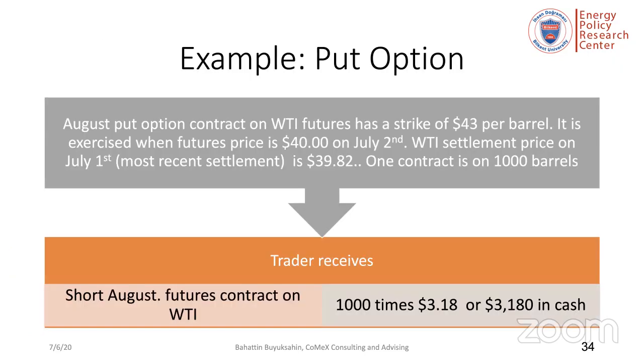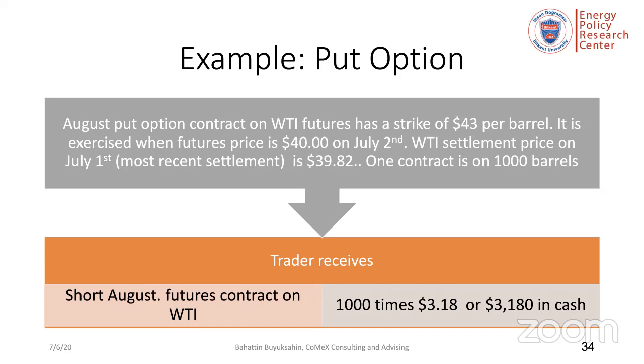How about the put option? Let's suppose again it is July 2nd and the trader has one August futures put option contract on WTI with a strike price of $43 per barrel. One futures contract is on 1,000 barrels of WTI. Suppose that the futures price of WTI for delivery in August is currently $40.